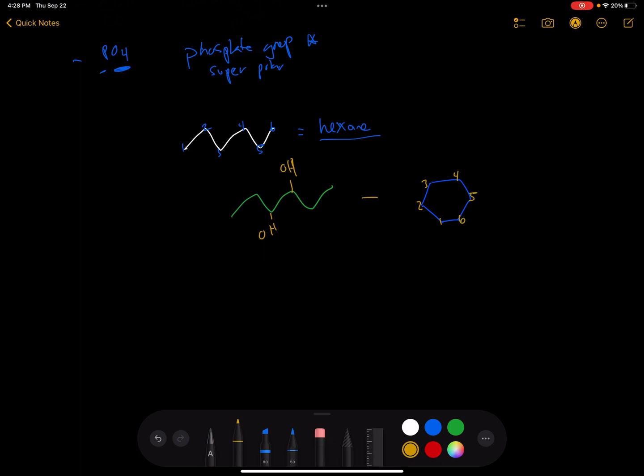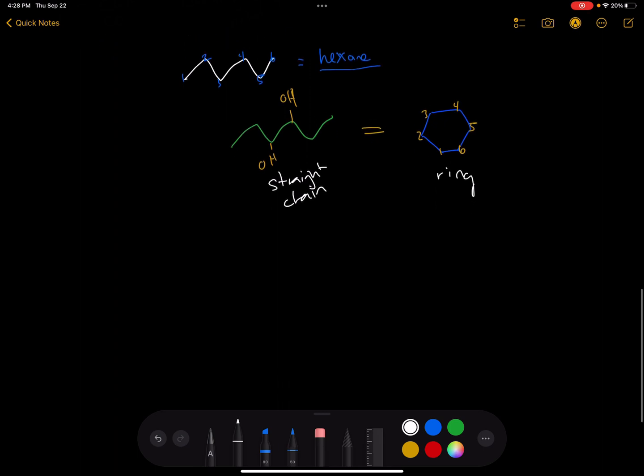So that's the same thing as this, except this one is in a straight chain, and this one over here is in a ring form. And that's the only difference. Some molecules, especially when we talk about carbohydrates and monosaccharides, like to be in a ring structure versus other molecules that like to be in a nice straight chain structure.